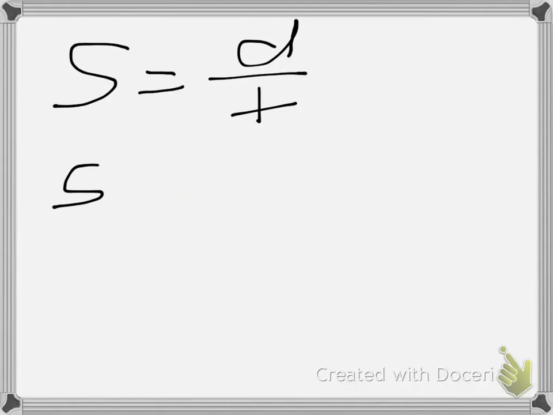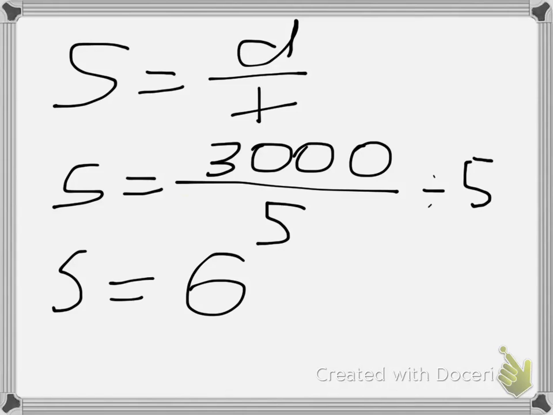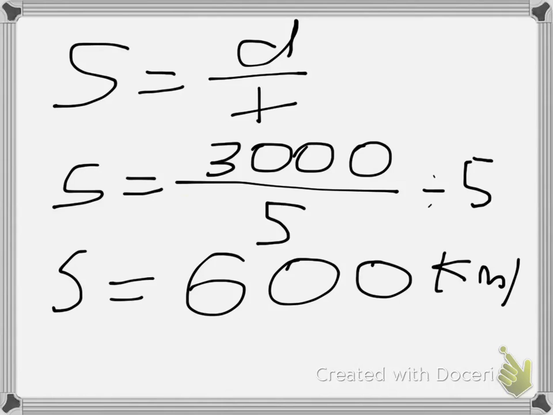So speed equals 3,000 divided by 5, and that equals 600 kilometers per hour. So that's basically how fast he was going, the average speed from Calgary to Montreal with the wind.